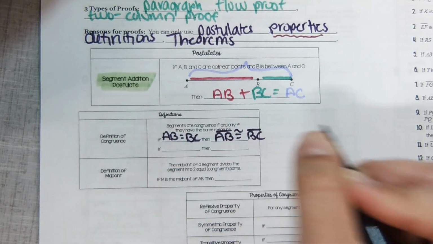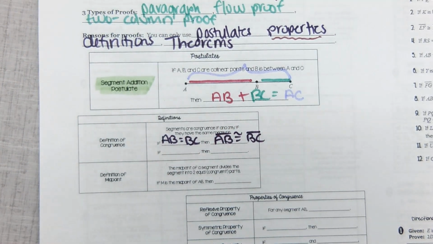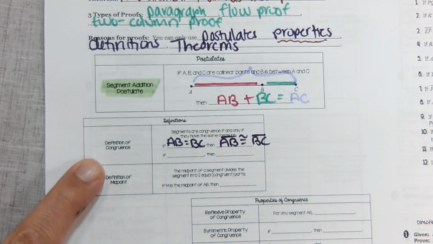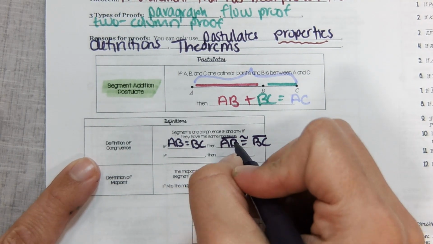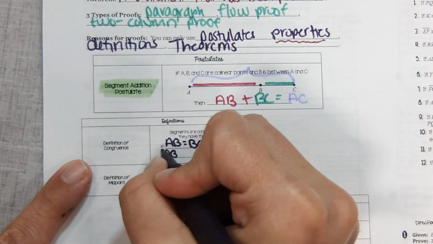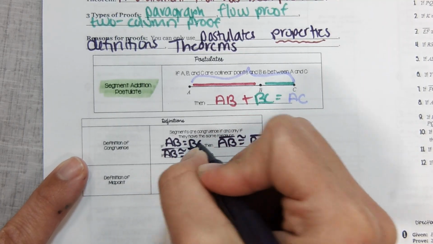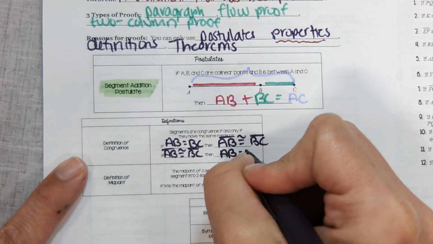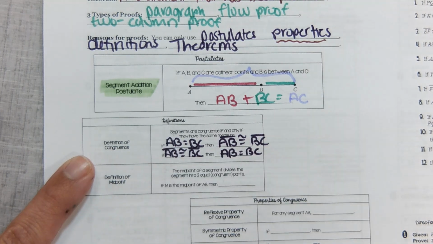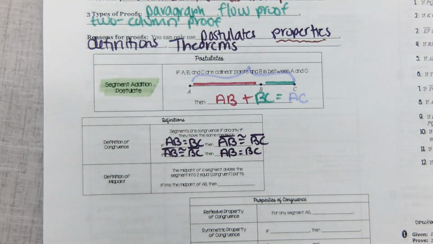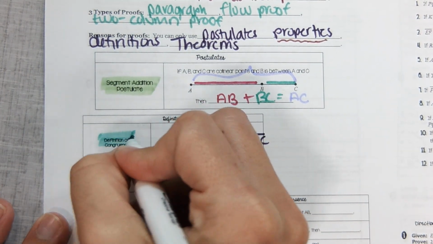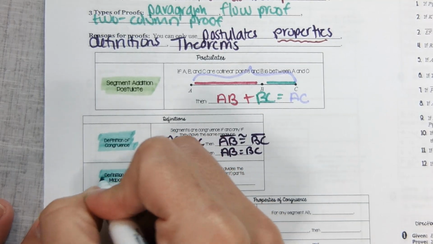So if they're equal in length, then those segments are congruent. And also, if AB is congruent to BC, then the length of AB equals BC. And again, that is definition of congruence.